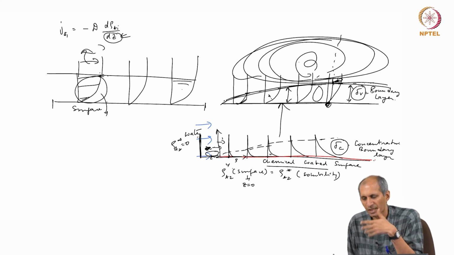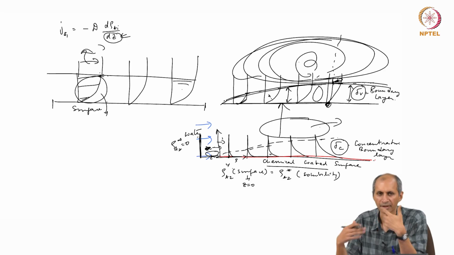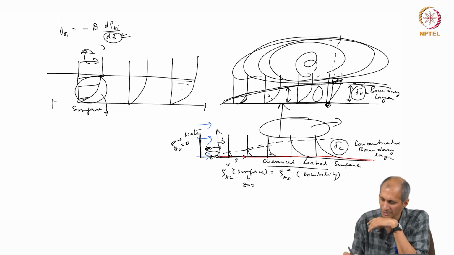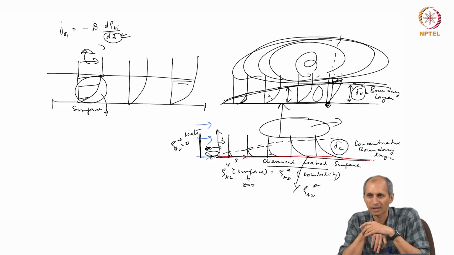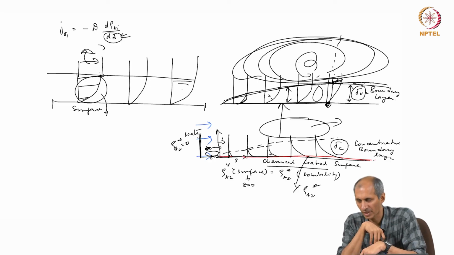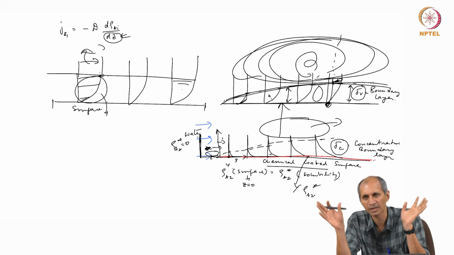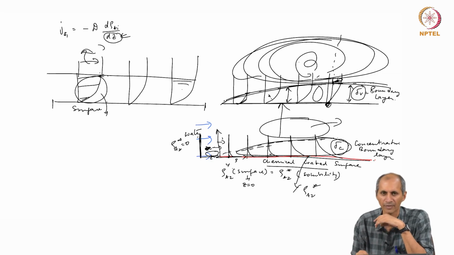Practically here again, there is a region here where there is no concentration, this is 0, and there is a region here where the concentration is infinity. So our concentration driving force can now be taken as rho A2 star minus 0, which is going to be the driving force across this region, across the boundary layer.